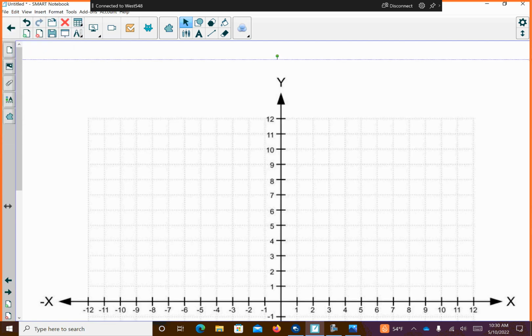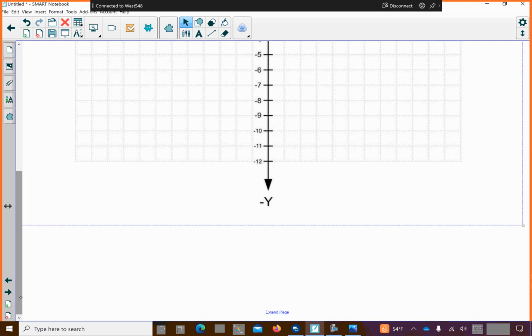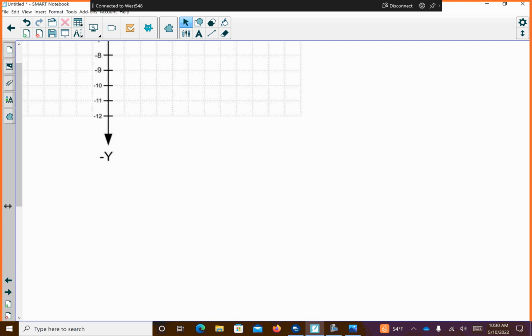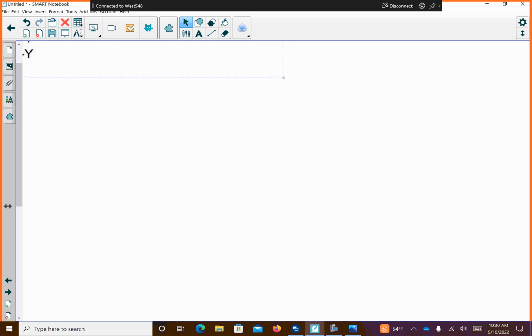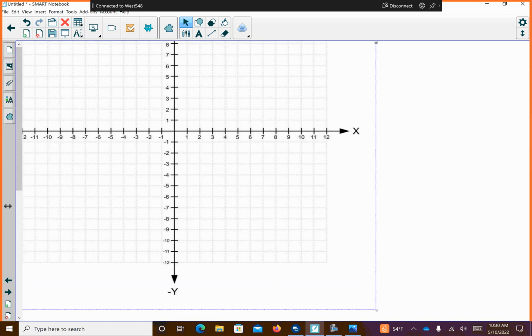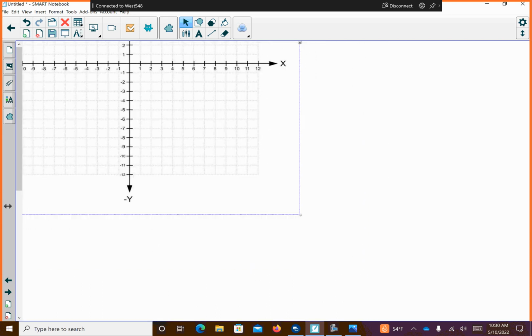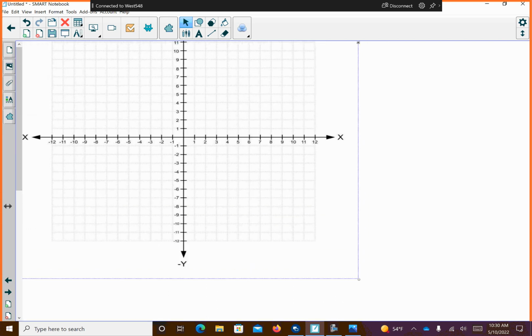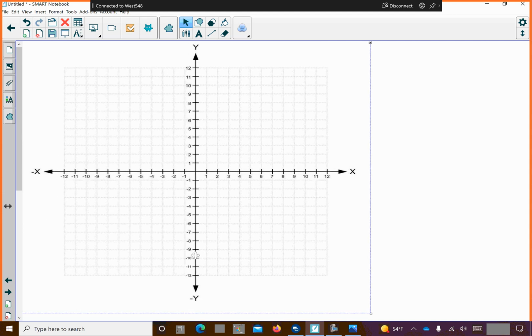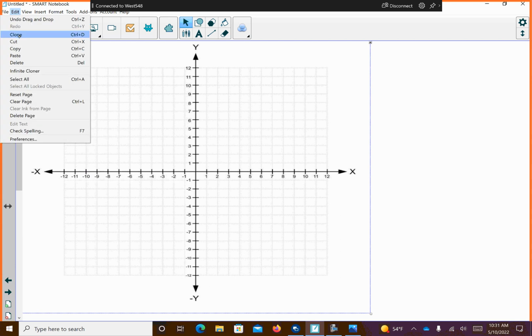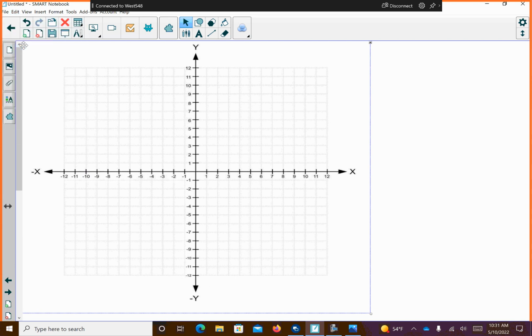Now I have to change the size of it a little bit. Still a little too big. Copy. All right. So, how about we go to problem number 2?